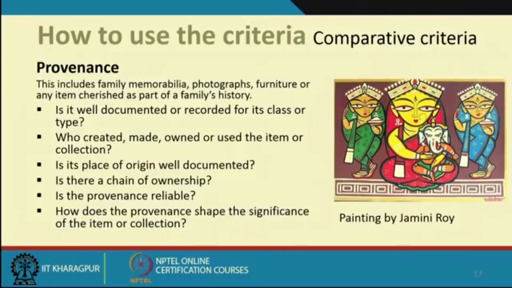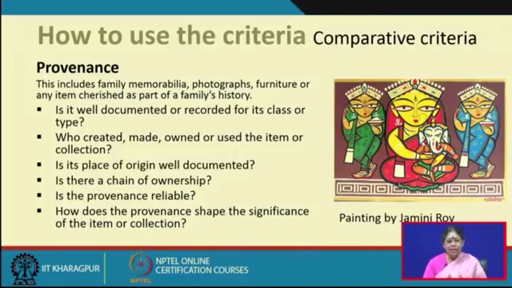I will take a not so well known example. As I said, these are the things. It can be a piece of art also, like a painting by Jamini Roy. Recently, a friend of mine told me his family has inherited a painting by Jamini Roy, and he said the signature of Jamini Roy is there.